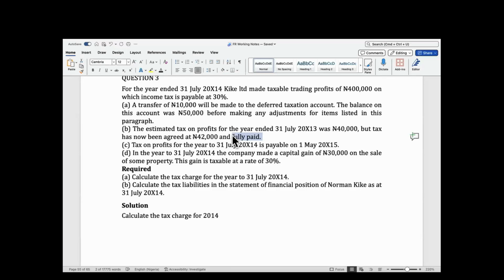The best you can do is to write to the tax authority that you want to pay the principal, then pay the interest and penalty later, or you can apply for a waiver, but you pay immediately. Number 3, tax on profit for 2014, you're supposed to pay it next year. Yes, that's how it happens.